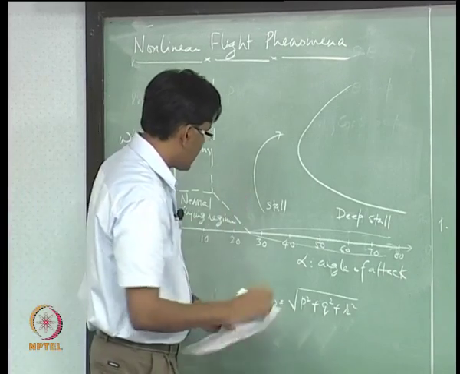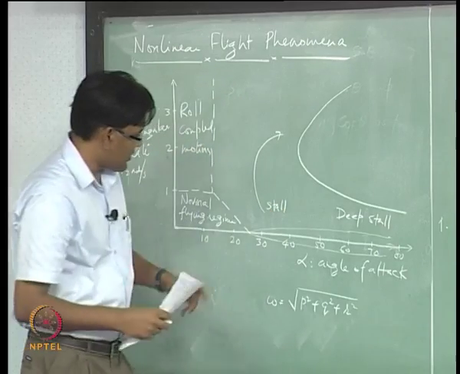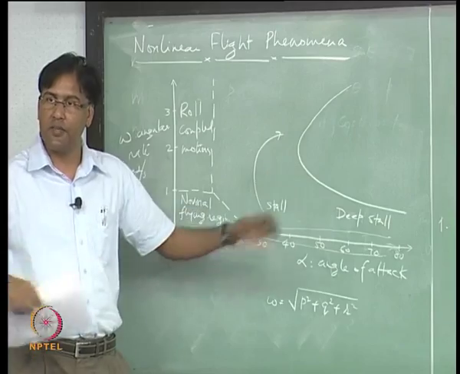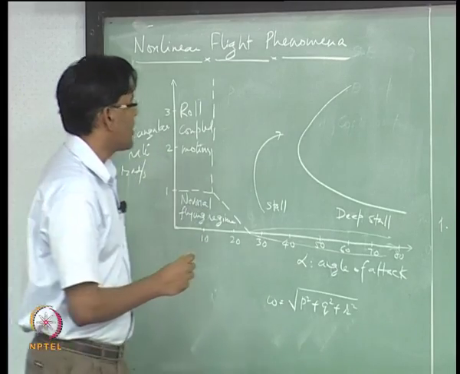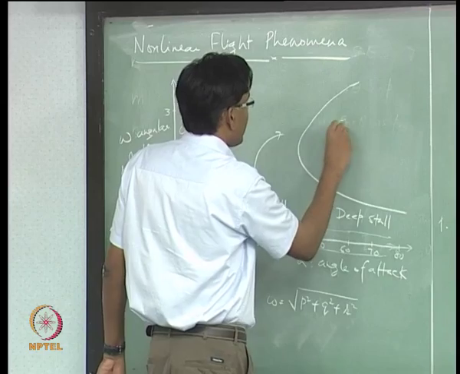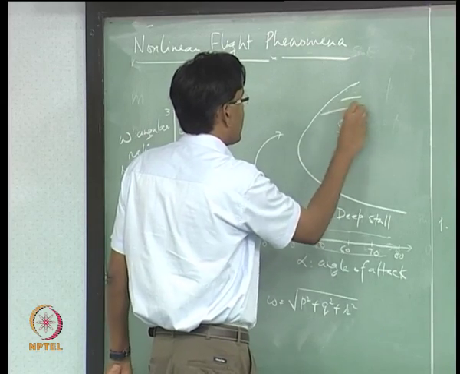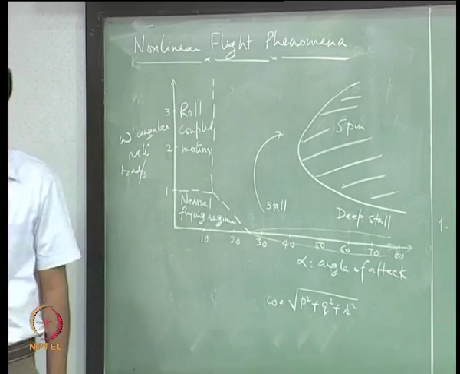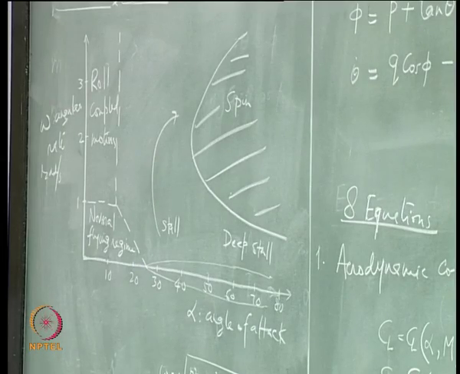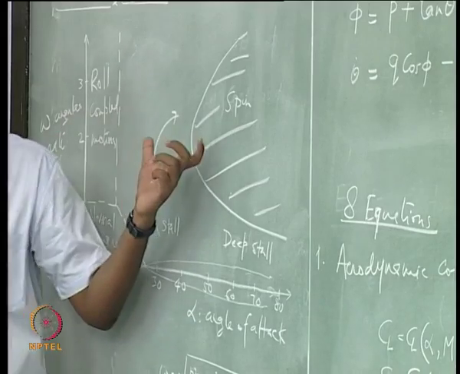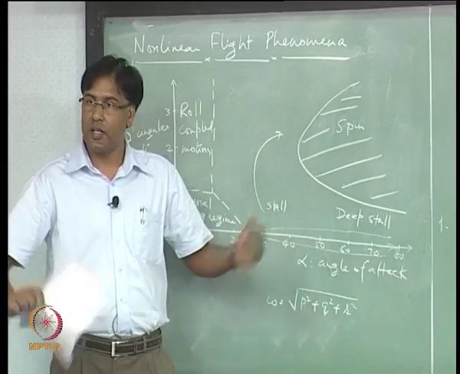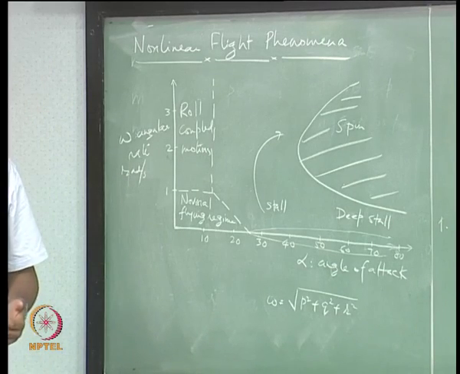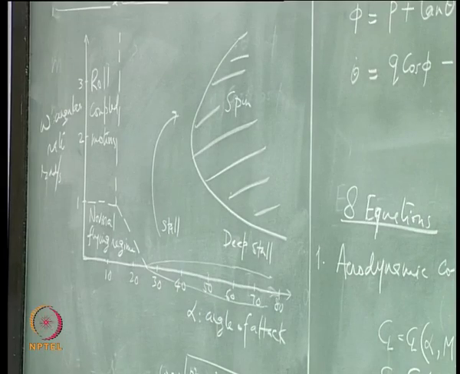And both these, when your aircraft is in these conditions, it can further lead you into what is called spin. Okay, spin is an aerodynamic phenomenon. So it happens because you have taken your aircraft, or you have increased your aircraft angle of attack.